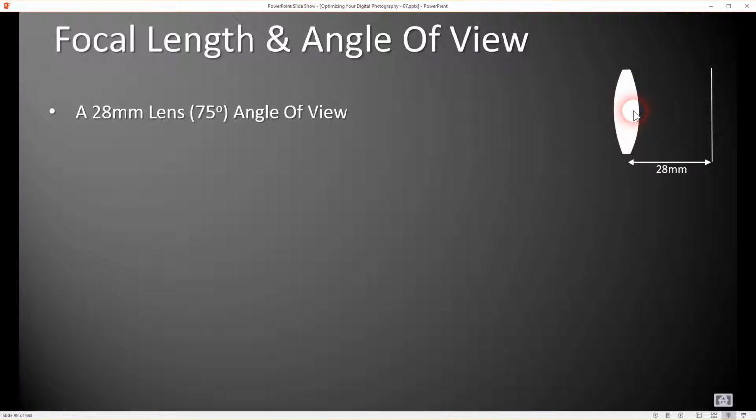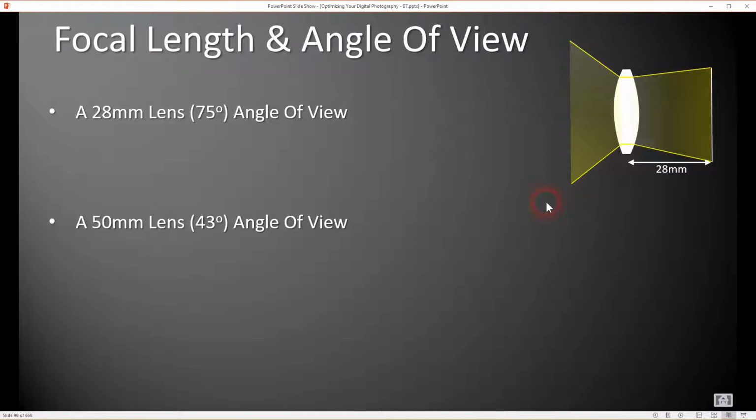So the lens manufacturers have to simulate this kind of property with wide angle lenses. But for illustration purposes, it's 28mm from the sensor, and it will actually capture an angle of view of about 75 degrees. So it's looking at things over there, things in front, and things over here.